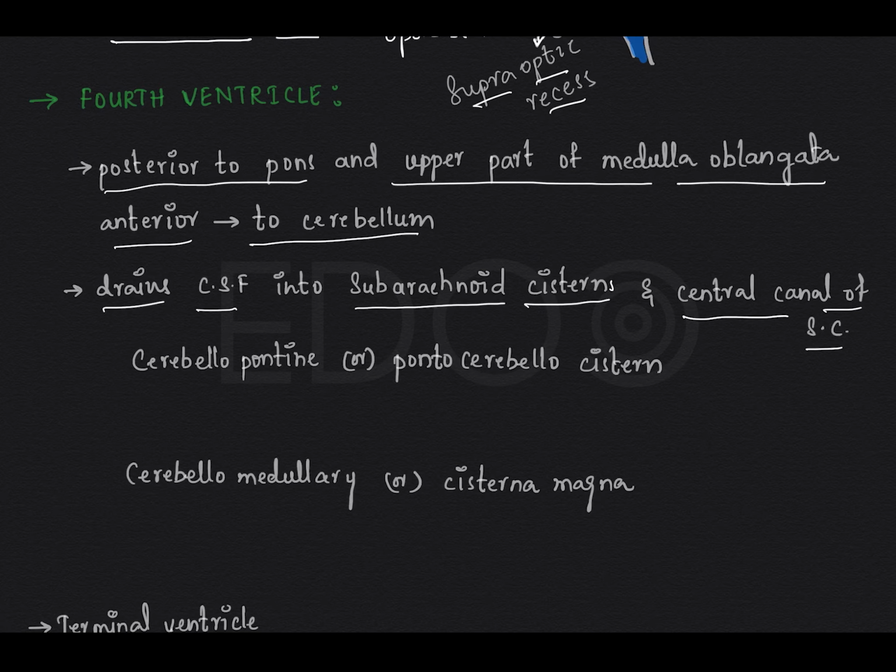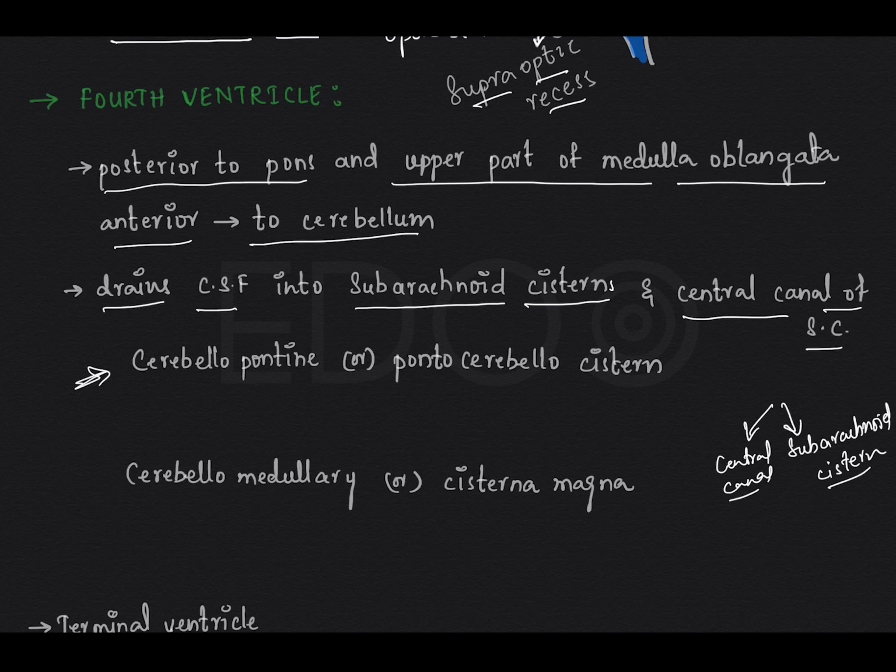So, fourth ventricle can drain the CSF into two parts. One is into the central canal of spinal cord, and next is into the subarachnoid system.